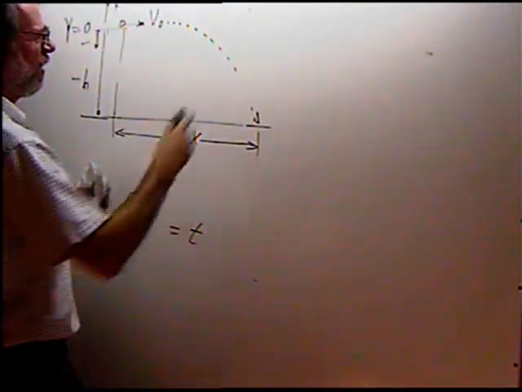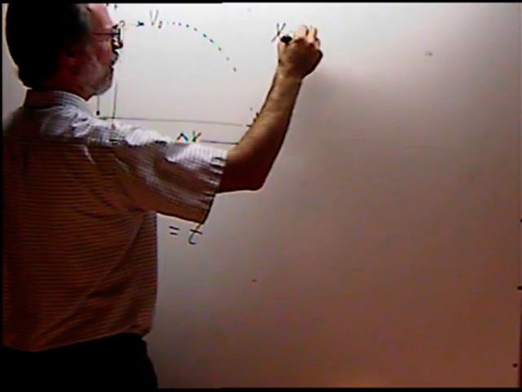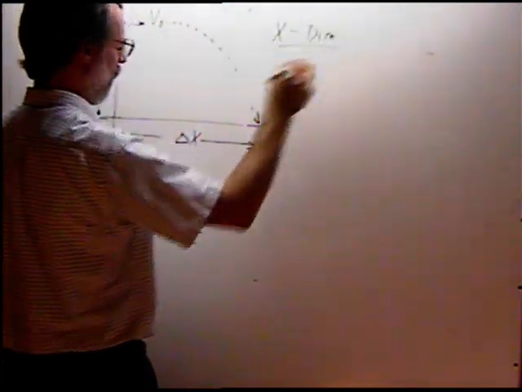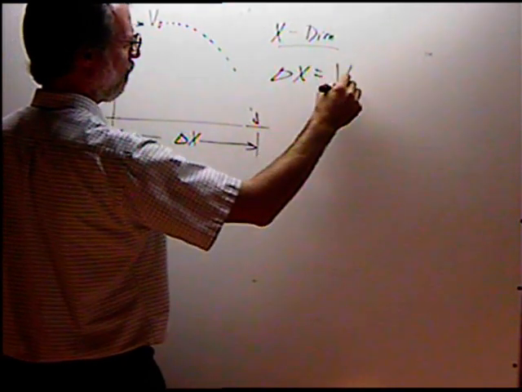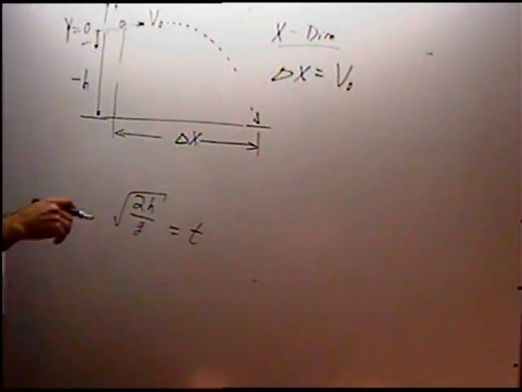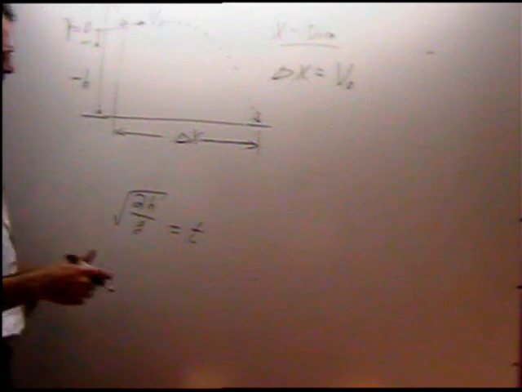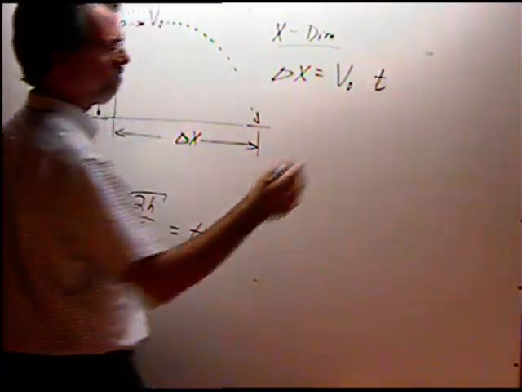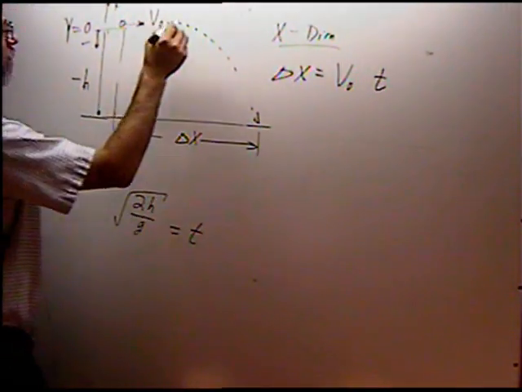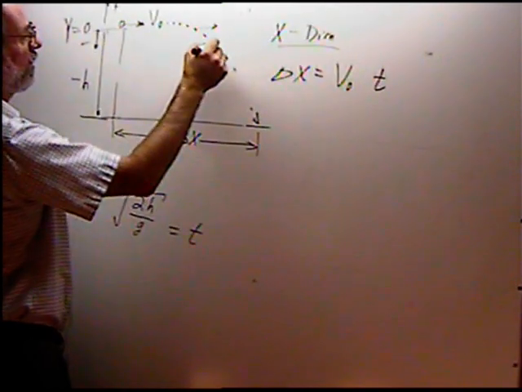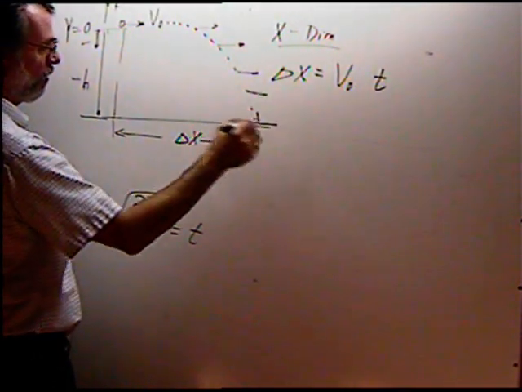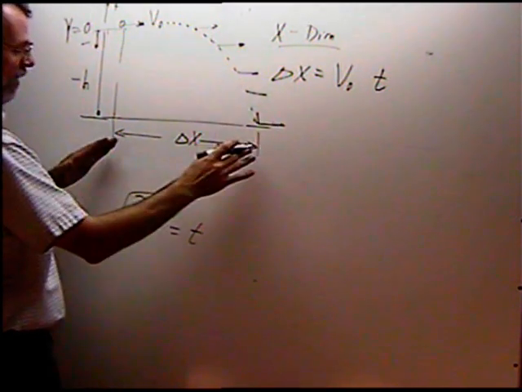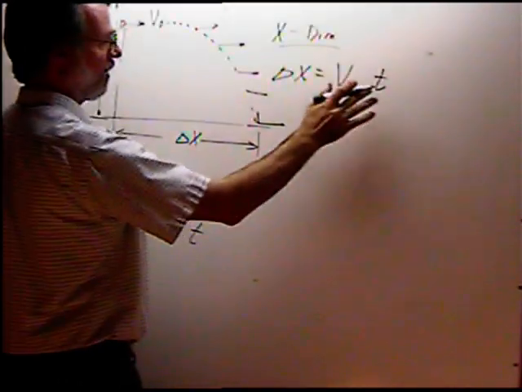Okay. In the horizontal component, or the x dimension, the total distance traveled is equal to the initial velocity, which is purely in the x dimension, times t. In other words, the horizontal velocity is always the same. Therefore, this horizontal distance traveled is simply the velocity times the time.